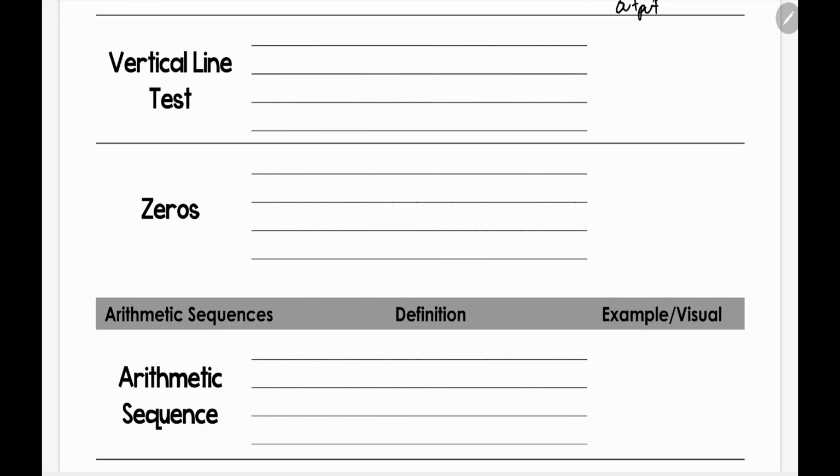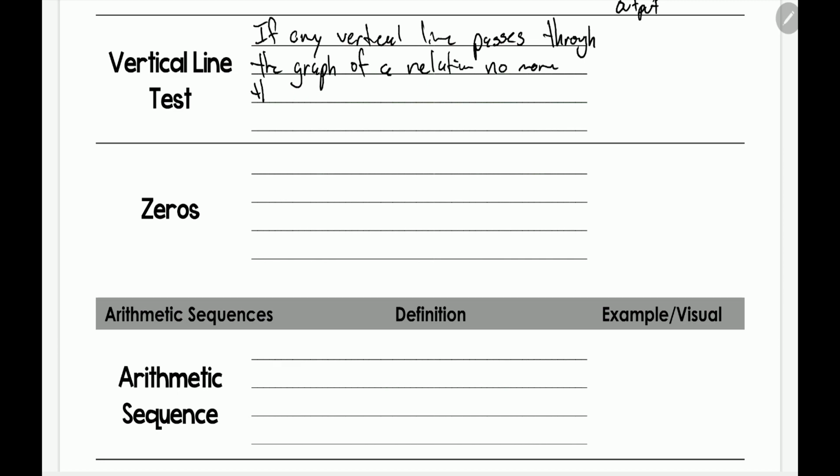Okay. Vertical line test. So the vertical line test says that if any vertical line passes through the graph of a relation no more than once, then that relation is a function.